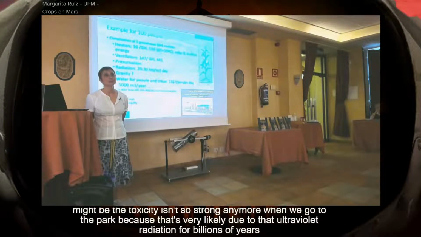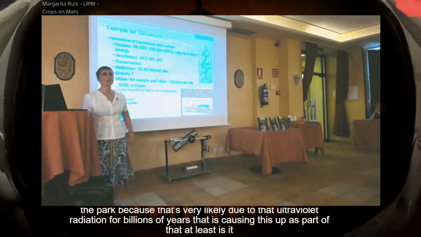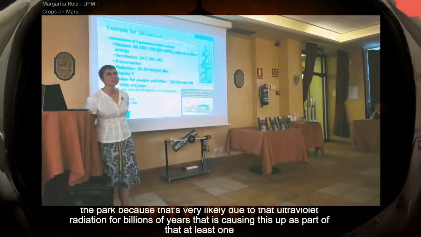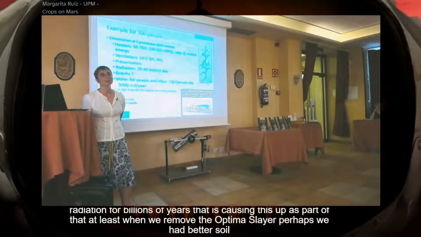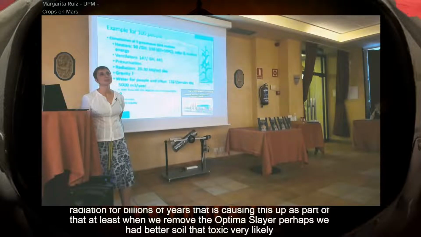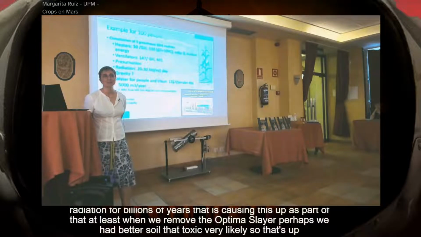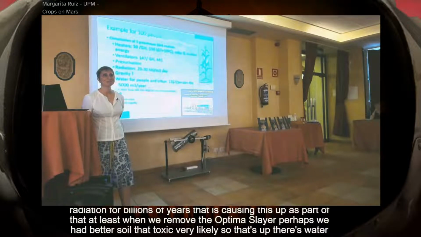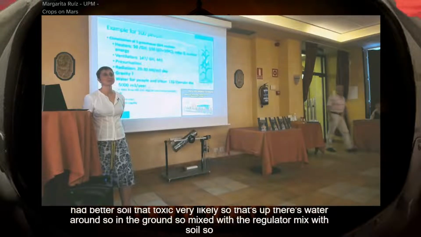So when we remove the uppermost layer, perhaps we find better soil, not that toxic. And also as to the water, there is water in the ground, mixed with the regolith, mixed with the soil, so that can be used.